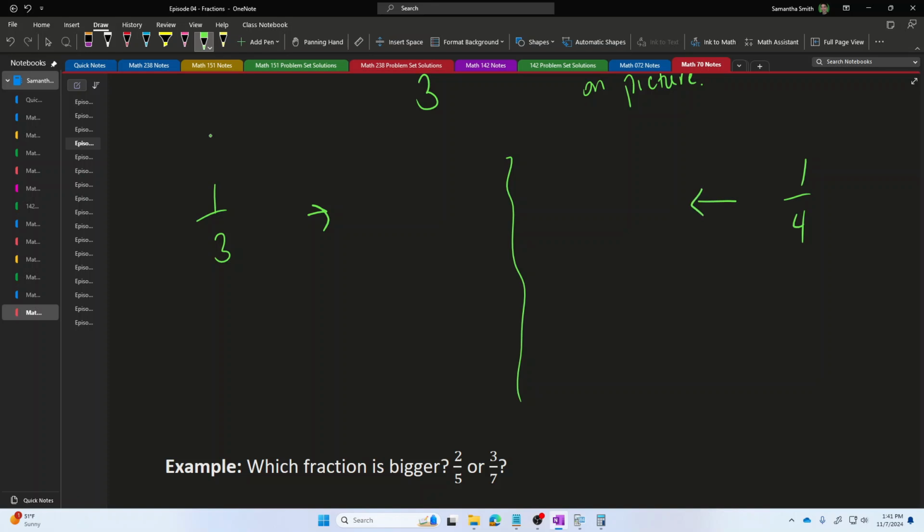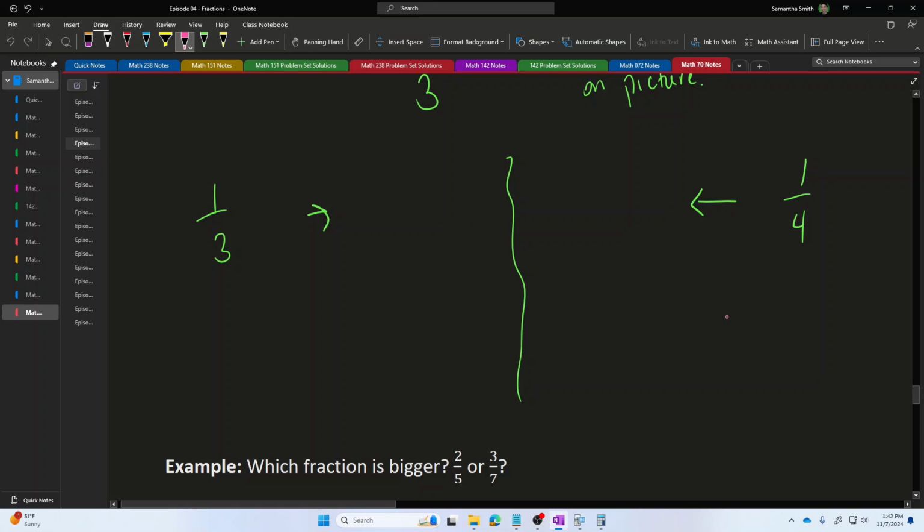Now, when we are rewriting fractions, we know that we are only allowed to multiply and divide the numerator and denominator of that fraction by the same quantity. So I want to multiply 1/3 by some number, and I want to multiply 1/4 by some number, so that in the end, the results of both of those products have the same denominator.